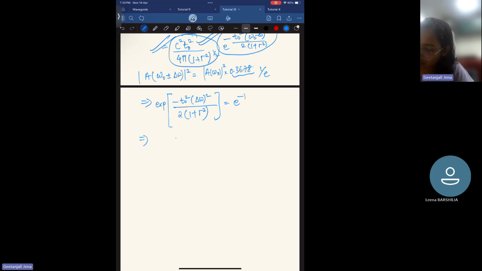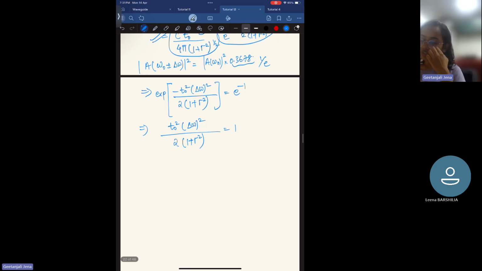So this will be T0 square delta omega square over 2 times 1 plus gamma square is 1. So you just have to rearrange it to get the value for delta omega. So this will give square root of 2 times 1 plus gamma square over T0.